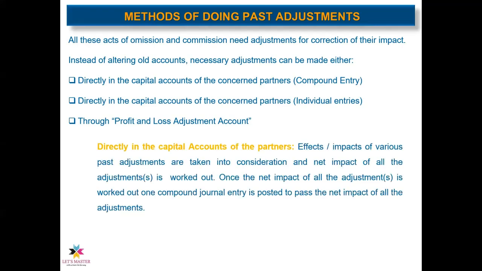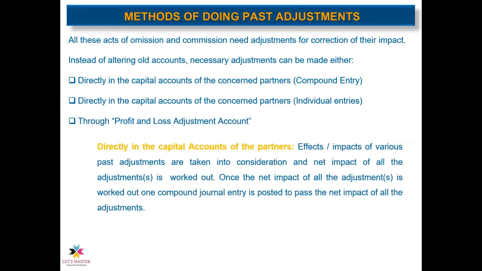When you are making the adjustments in partners' capital accounts directly, then the effects or impacts of various past adjustments are taken into consideration, and the net impact of all the adjustments is worked out. By net adjustment, suppose a partner was supposed to get rupees 5,000, but he only received 3,000.